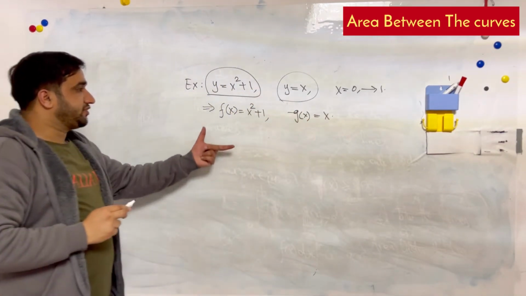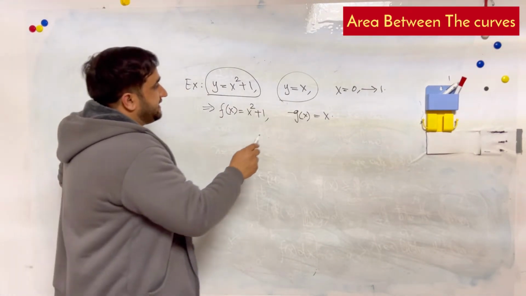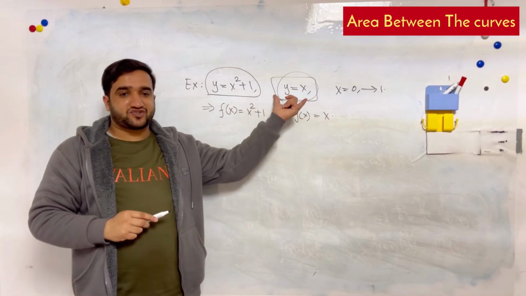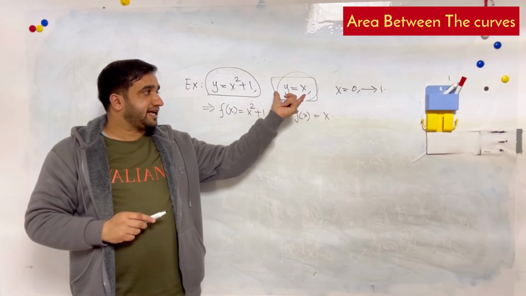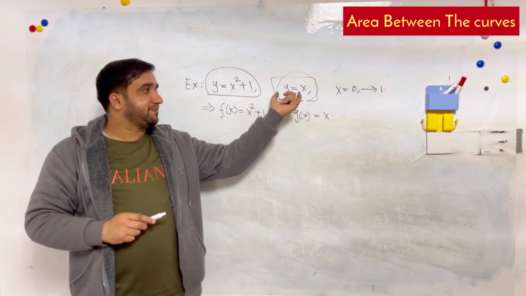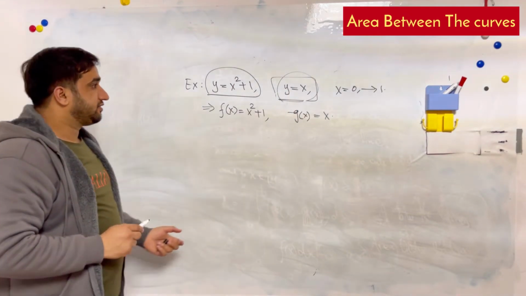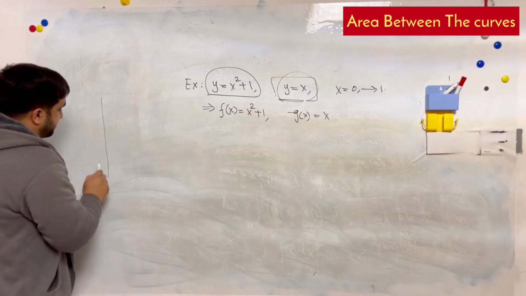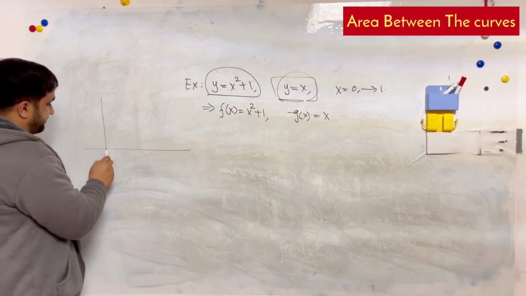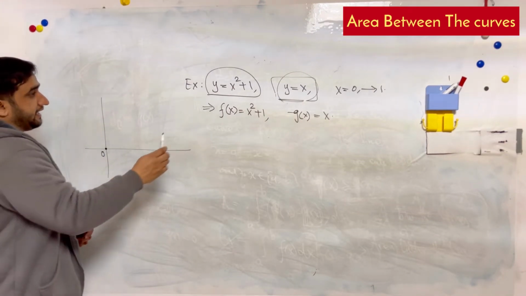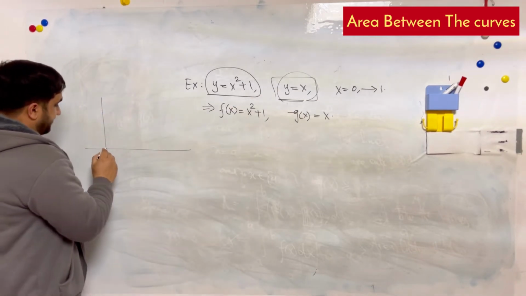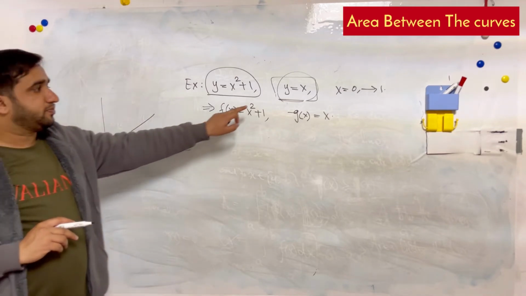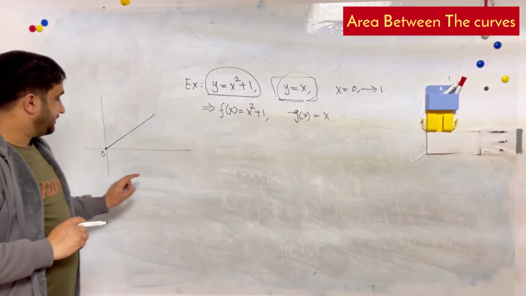Now if I want to draw this shape, y equals x means this is a straight line. Whenever x is equal to y, it represents a straight line. If this is your coordinate system and this is 0, and this is the function y equals x, then it will be like this, a straight line. If you put x equals 0, you are here.